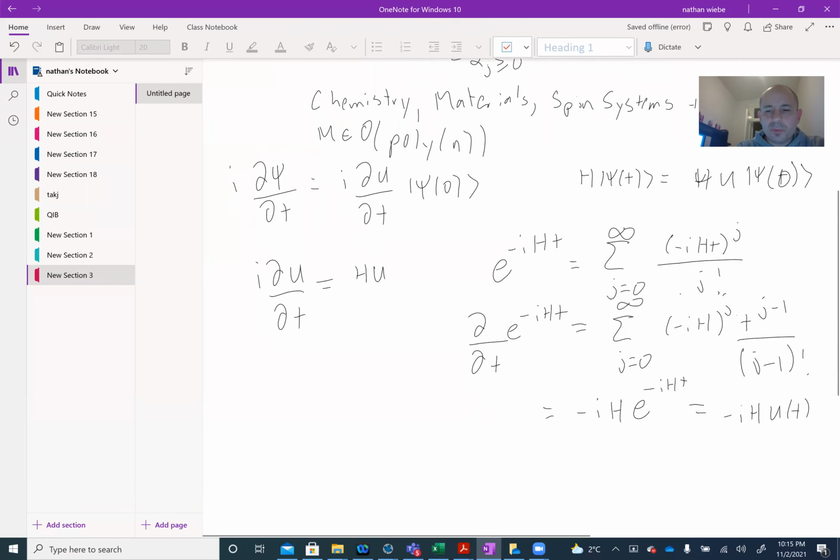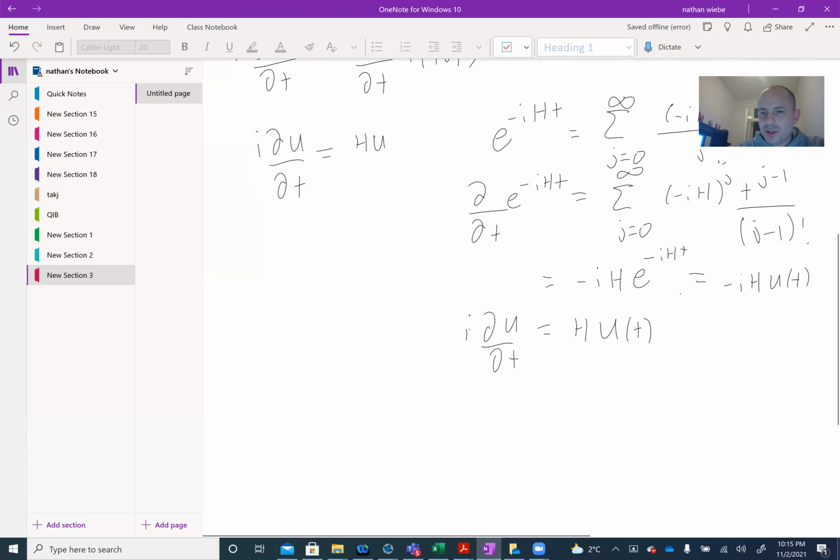Now, once we multiply this by i, we see that i dU by dt is equal to H U of t. So that's the solution to the differential equation.